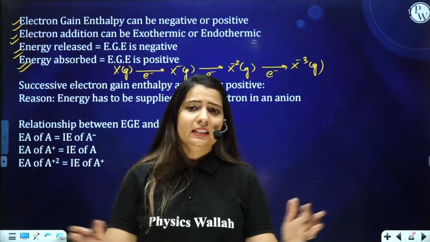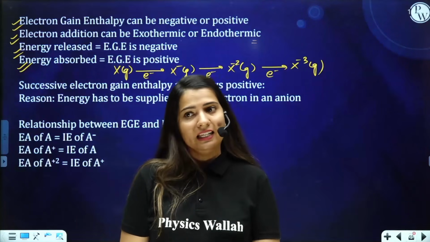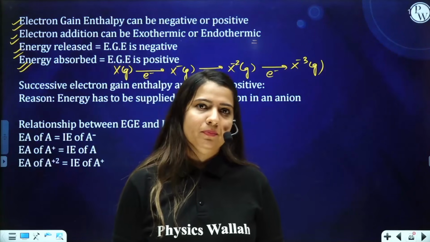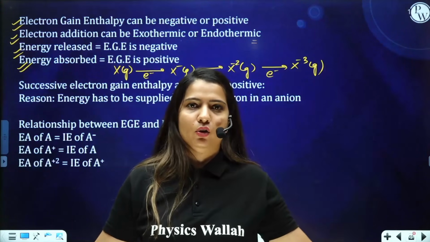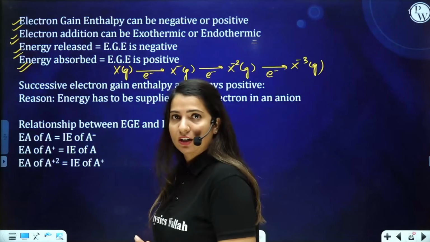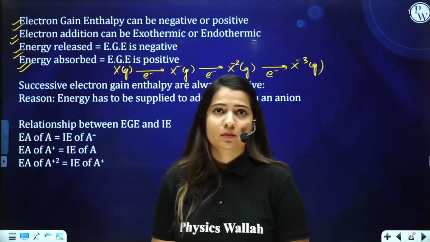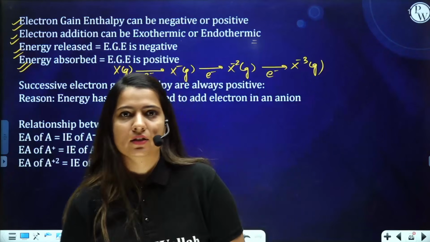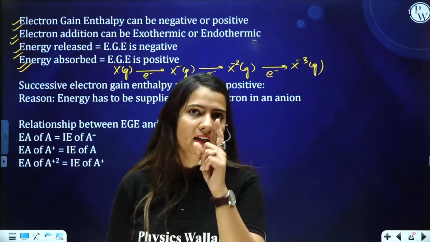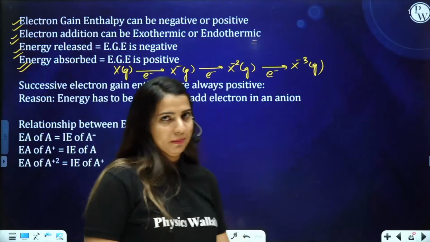If there is a neutral atom, you add one electron. That electron is creating inter-electronic repulsion. It is standing at the door of the atom saying I will not allow any electron to enter. Now you're trying to enter another electron. So you have to push this electron inside, then only the other electron will enter, right? That pushing requires energy. You have to supply energy to add another electron, because inter-electronic repulsion is already present.